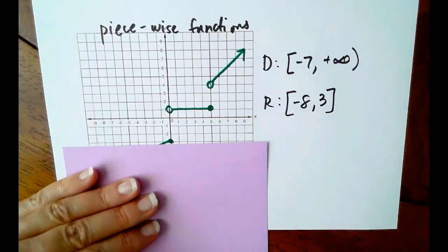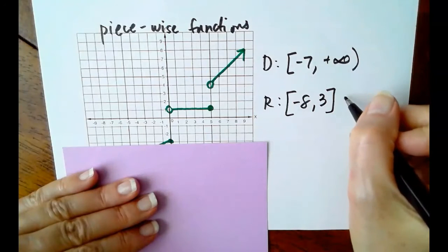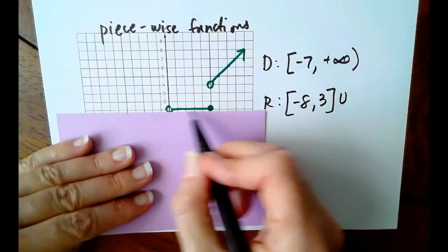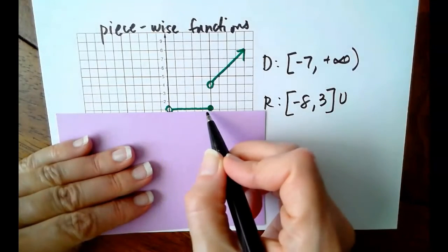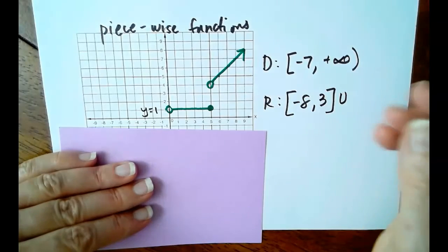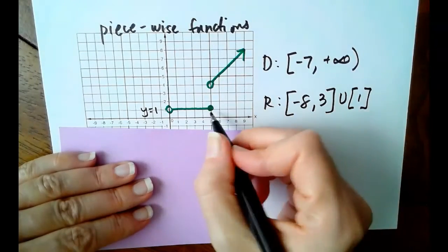And then anytime that we have a gap in the domain or the range, we're going to show that with the union sign. Remember, the union sign means or. So or. Then we pick it back up here, and this function is a horizontal line, and it is at y equals 1. So it's just a single value, 1, because it's horizontal.